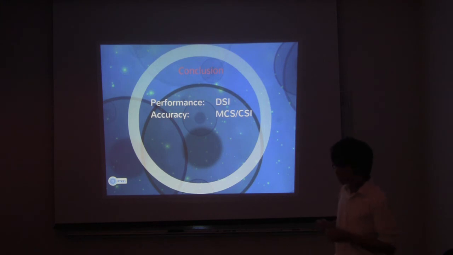Whereas algorithms such as MCS or CSI will be able to do that because they do it one by one, so they know which graph is larger. They can pass it in as a parameter individually.